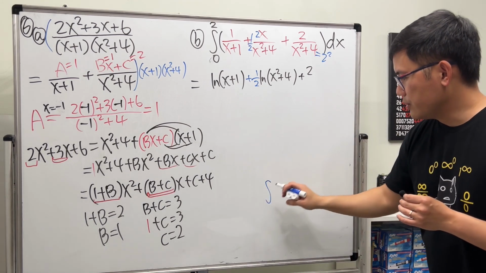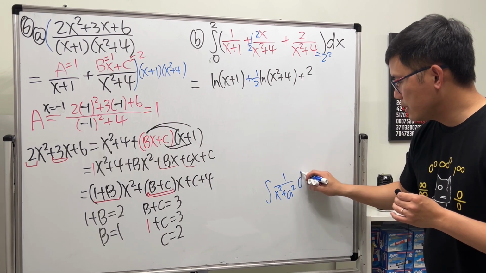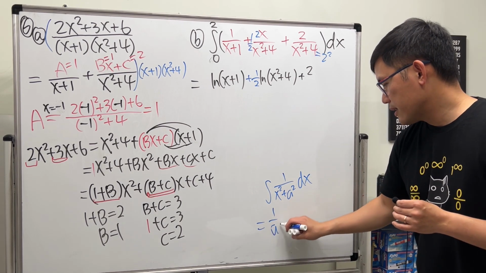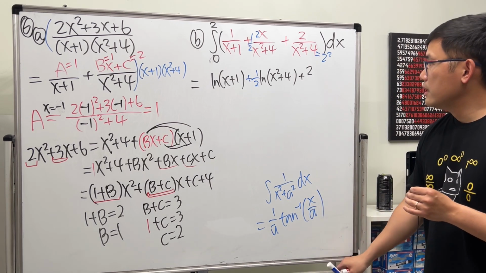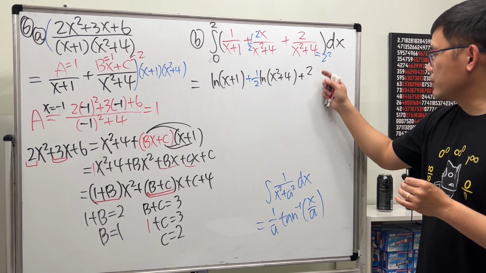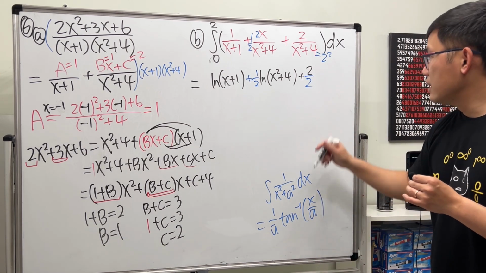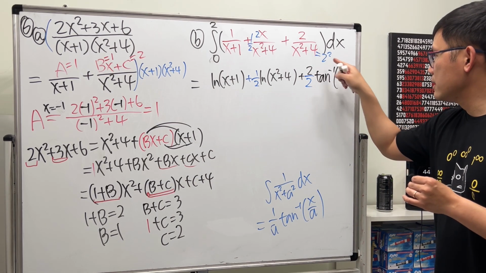Now let me remind you, the integral of 1 over x squared plus a squared gives us 1 over a times the inverse tangent of x over a. So the a is 2, so we will have to divide it by 2 right here, and then we get inverse tangent of x over that 2.